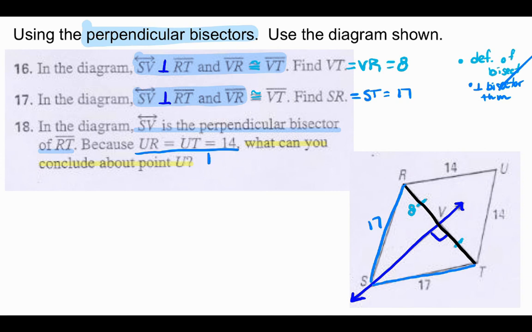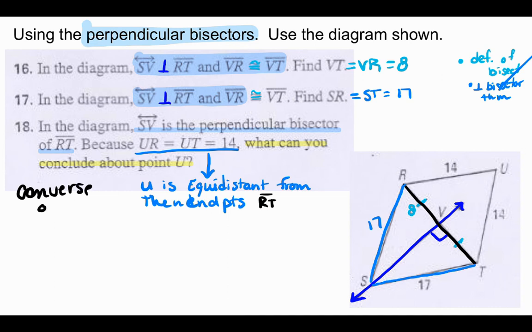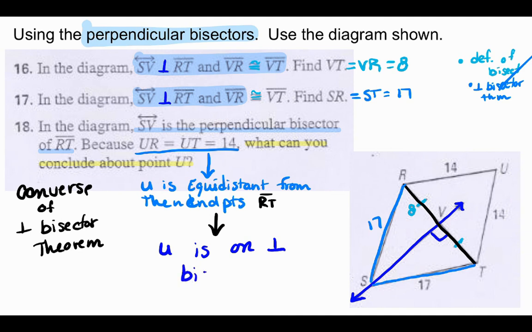So the information that we're given lets us know that U is equidistant from the endpoints of RT, and we have the converse of the perpendicular bisector theorem, which says that when this happens, we get that our point is on the perpendicular bisector.